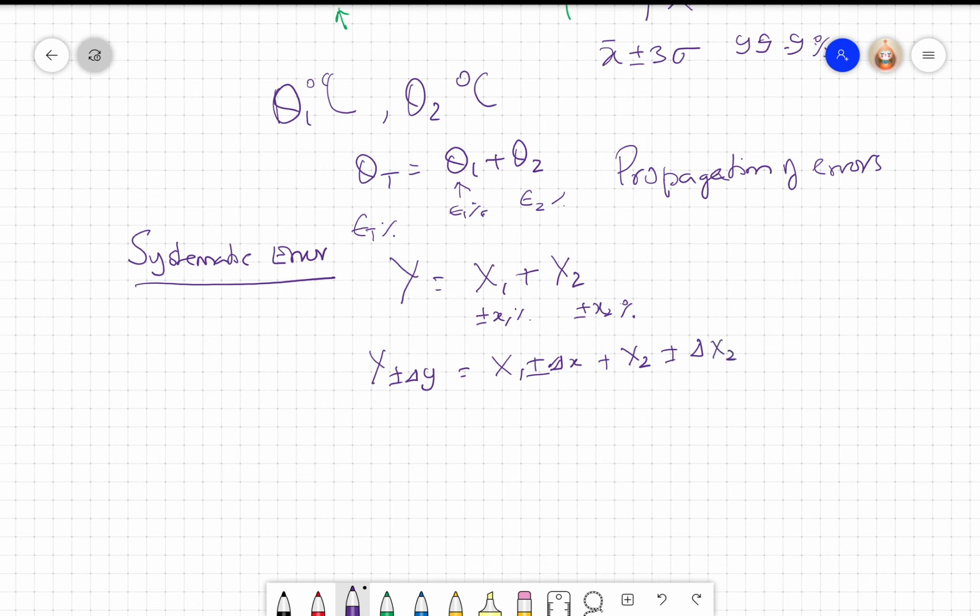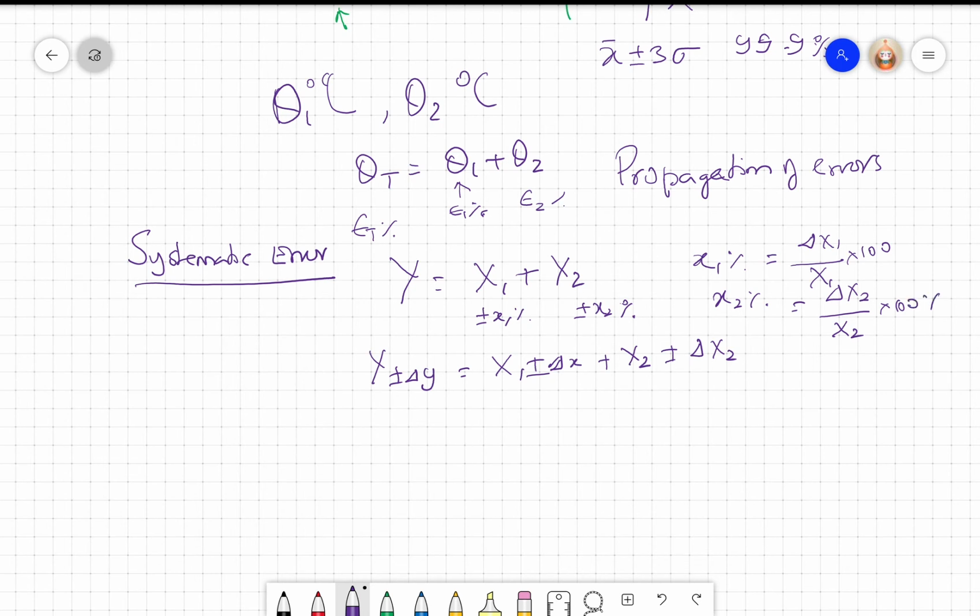Please remember x1% is delta x1, which is the deviation in x1, the error in x1, divided by x1 into 100, right? Similarly, x2%, how do we calculate? Error in x2, delta x2, is x2 measured minus x2 true, divided by x2 into 100%.